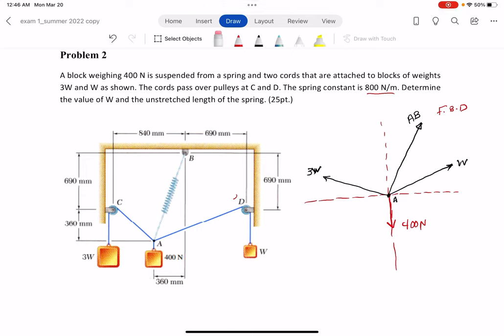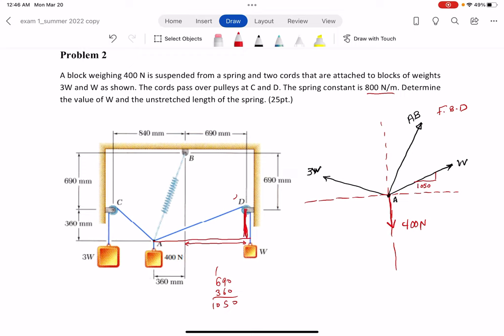For cable AD, you can see it is 690 from here plus 360, so 690 plus 360 is 1050.